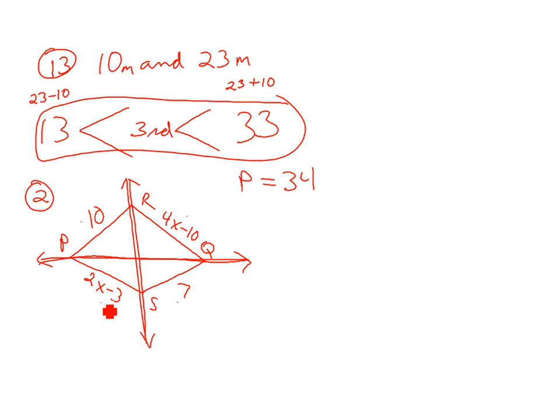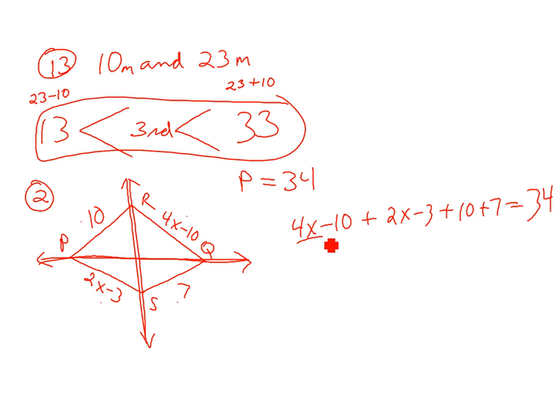Remember, you're doing perimeter, not angles. All right, so let's just set it up the long way. Tell me one of the sides. 4x minus 10 plus 2x minus 3 plus 10 plus 7, and all that should equal, don't say 180, 34. Thank you. It's perimeter, it's the sides.